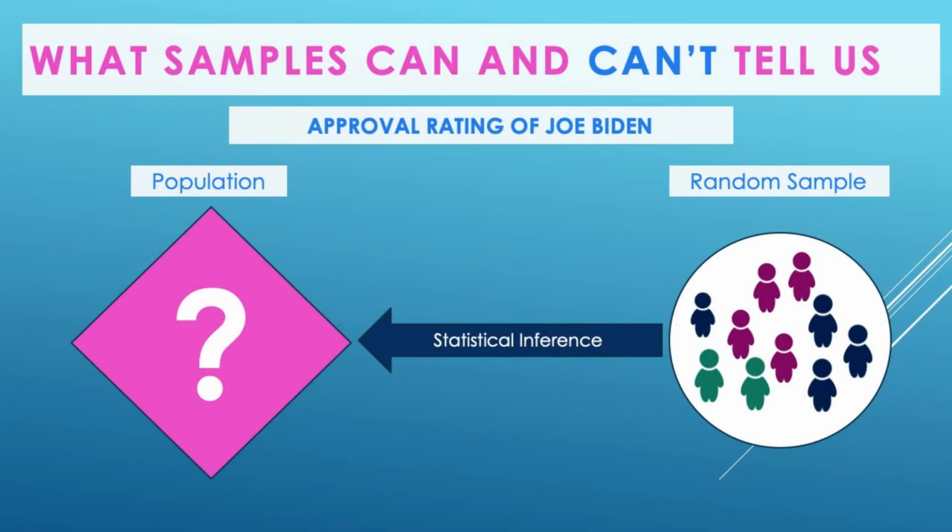So overall, what can samples and what can't samples tell us? The main thing that I want you to walk away from today's lecture with is understanding that we take random samples from populations in order to make statistical inferences about the population parameters that are unknown.